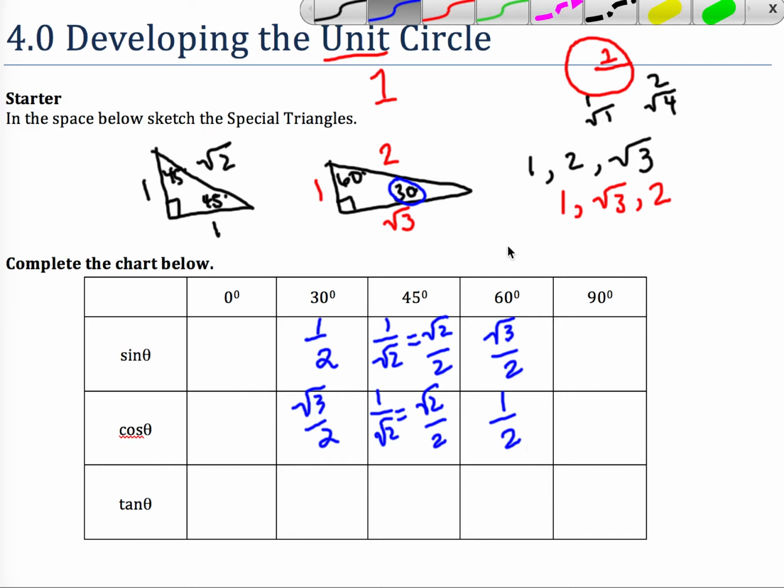Tangent of 30. Remember, I'm getting all of this from our SOHCAHTOA. You could be pressing pause and trying to fill it in yourself. So tangent is just opposite over adjacent. So if I'm standing at 30, opposite over adjacent is 1 over root 3. And if we simplify that, we get root 3 over 3.